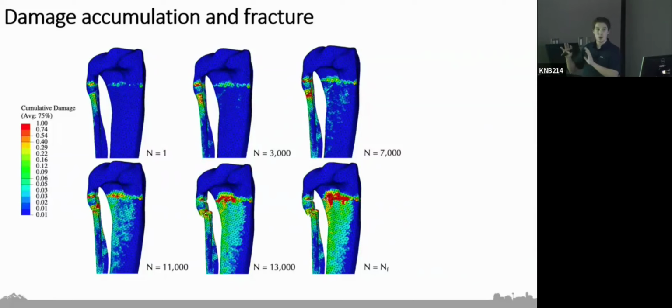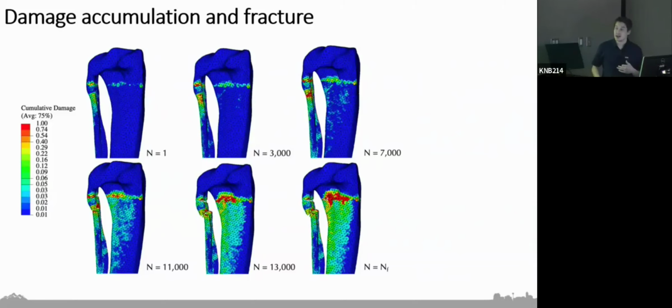This actually has no impact on the mechanical behavior of the model, because essentially we're degrading the elastic modulus of those elements, and they get to a point where they're effectively providing no mechanical support. And so it's just air there. So we can remove it from the model, and that allows us to observe these fracture patterns and locations in the bone.